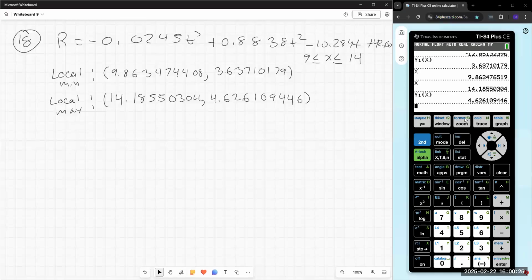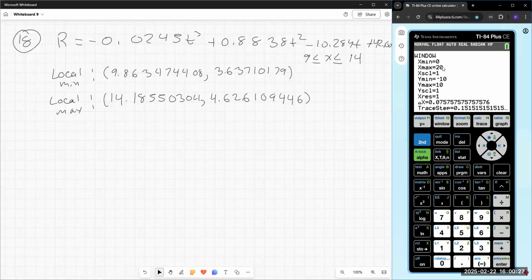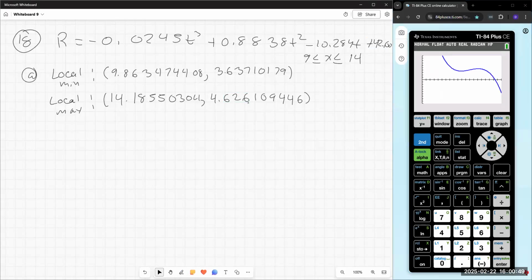If I didn't show you the window I was using, 0 to 20 with an X scale of 1, negative 10 to 10 with a Y scale of 1, it just gave me this nice shape to look at. And I looked at that ahead of time so that I could show that to you and get these points. So that was part A, to use the calculator to get those points. And now we want to use calculus to get those points instead.